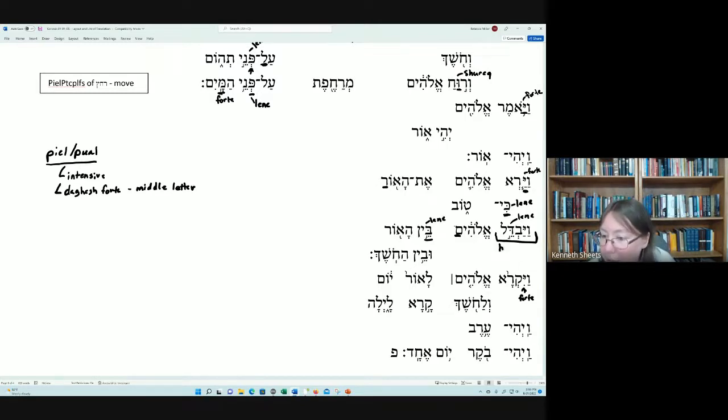This is, in fact, as we will see as we dig a little bit deeper, a hifil, which is a causative action. And so that is one of the differences, and it does create a difference in meaning, which is why it's very important to take a look at that difference and understand the difference between the lene and the forte. Are there any questions or comments at this particular point?